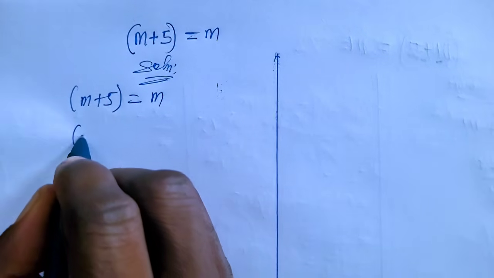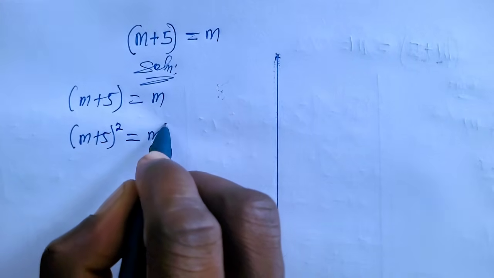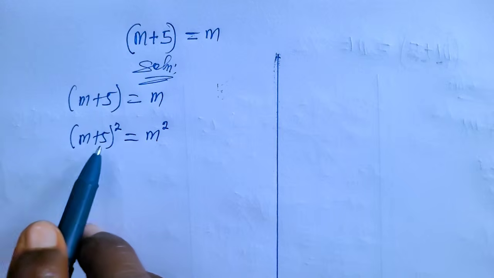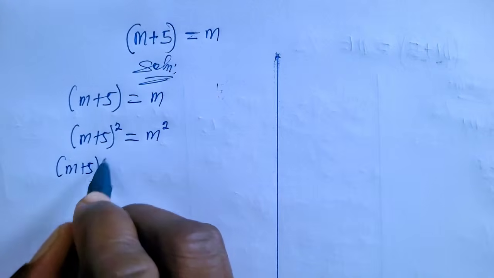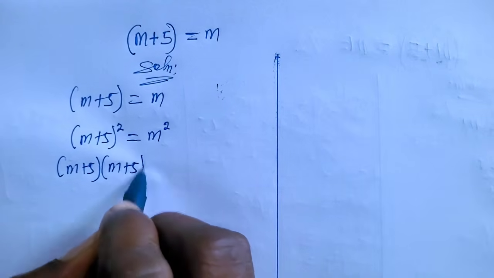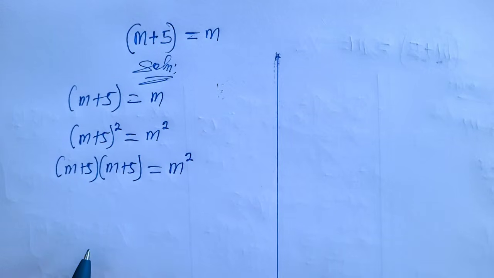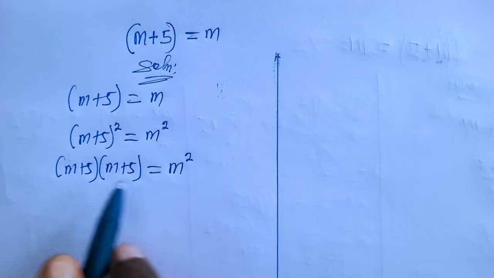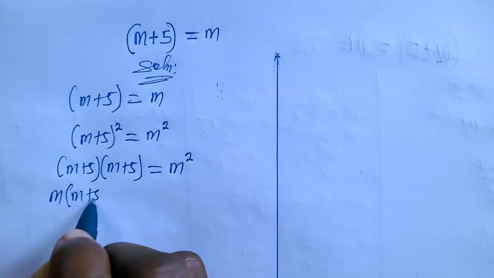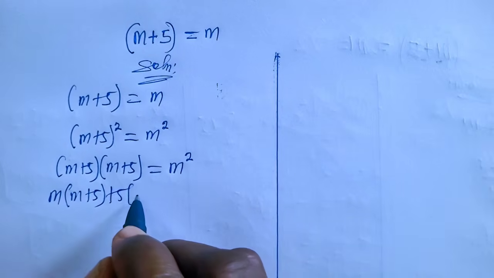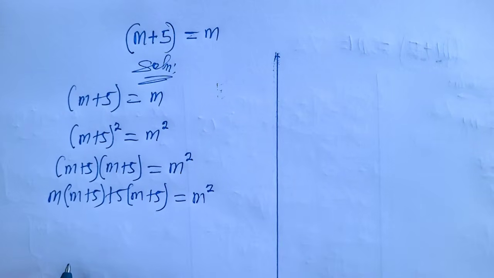We are going to have (√(m+5))² = m², and this can also be expressed as (m+5)(m+5) = m².